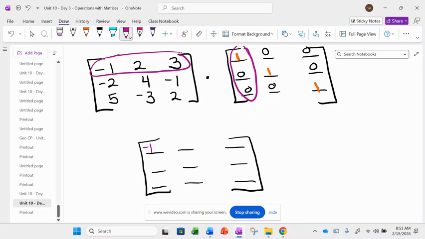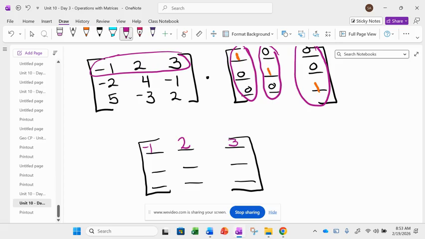So do we agree our first element is just -1? Now we're going to do our first row times our second column. Well, -1 times 0 is 0. No point writing that down. 2 times 1 is 2. And 3 times 0 is 0. No point in writing that down. Now we're going to do our first row times our third column. -1 times 0 is 0. 2 times 0 is 0. 3 times 1 is 3.